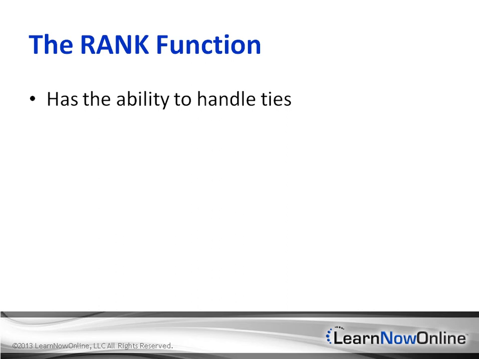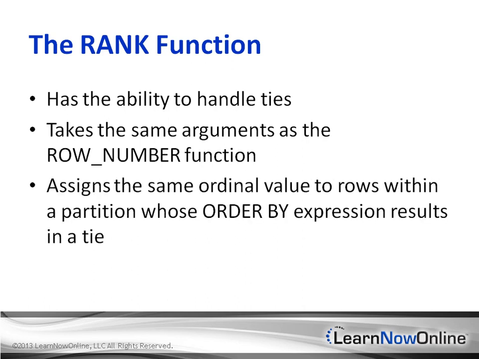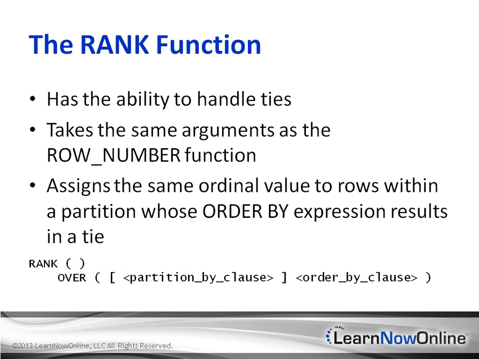It has the ability to handle ties, takes the same arguments as the row number function, so it'll be very familiar. And it'll assign the same ordinal value to rows within a partition whose order by expression results in a tie. So anywhere we have a tie, the rank function will assign the same number. And here, just for your reference, is the syntax.